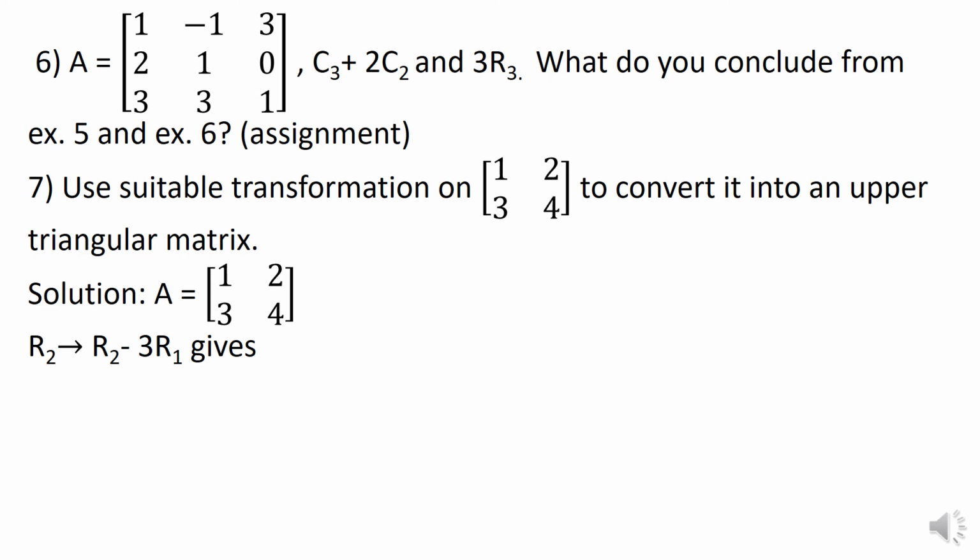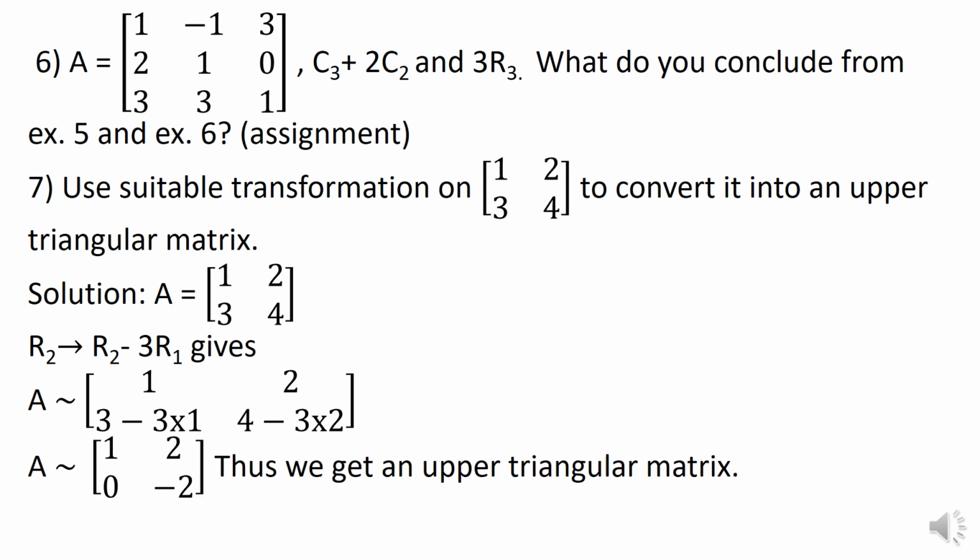So like this, A becomes equivalent to 3 minus 3 into 1. Remember, the transformation has to be also applied to 4. All the elements of the second row are changed now. So 4 becomes 4 minus 3 into 2. Thus A becomes an upper triangular matrix, as you can see over here.